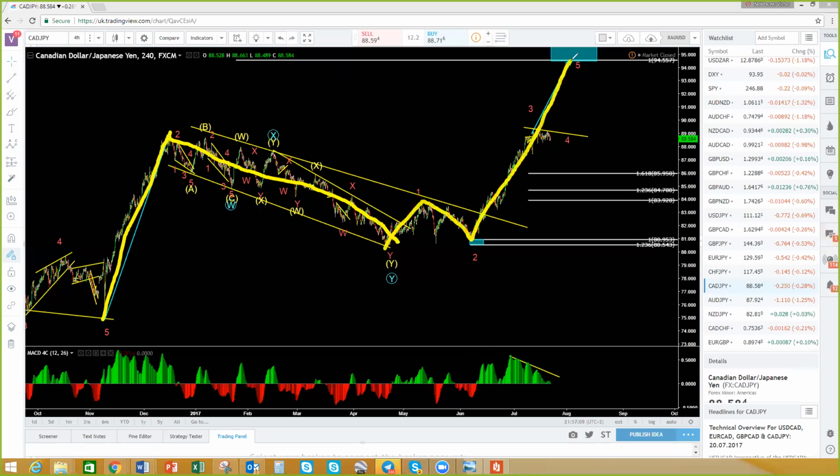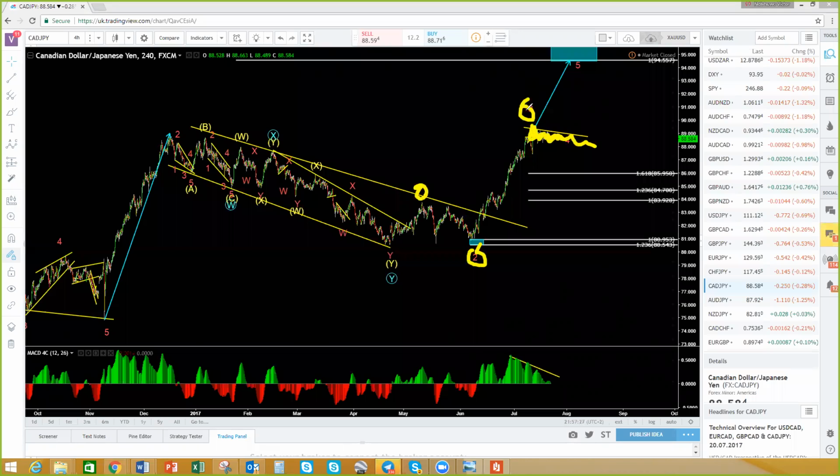And I'm expecting this to go all the way to 94. But if you have read the Elliott wave theory, we could be getting some sort of a wave 4 here. I've already labeled 1, 2, 3. So 4 and 5 is a possibility to take us all the way to the blue box to complete this big zigzag.